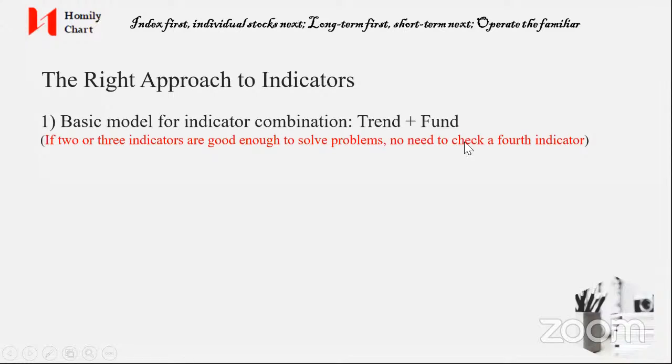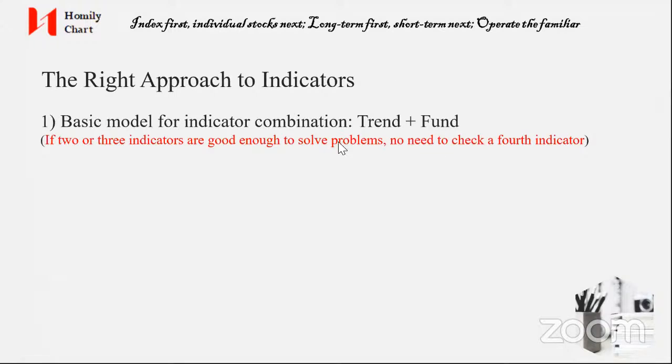If you check the classical combinations we have mentioned frequently, for example, Homely Rainbow plus Multicolor Dragon, Homely Rainbow is the trend indicator and Multicolor Dragon is the fund indicator. So the basic model is trend plus fund.